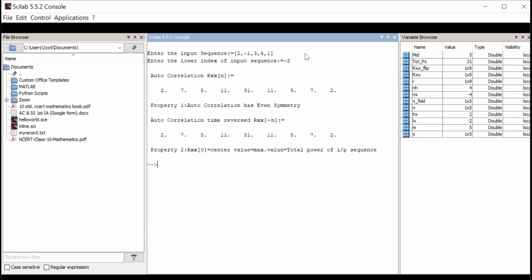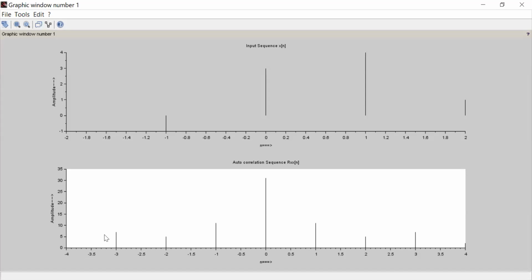The same values are displayed in the graph: 2, 7, 5, 11, and this is 31. Therefore, this is the autocorrelation. Now in this program, we have calculated the autocorrelation of the sequence and then verified the two properties of autocorrelation. Thank you.